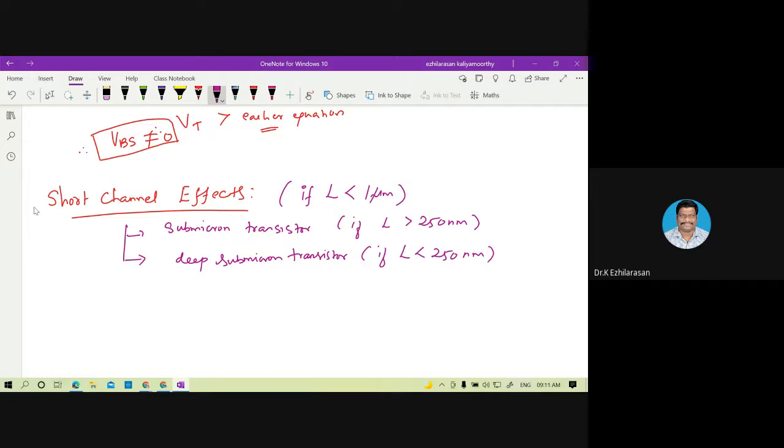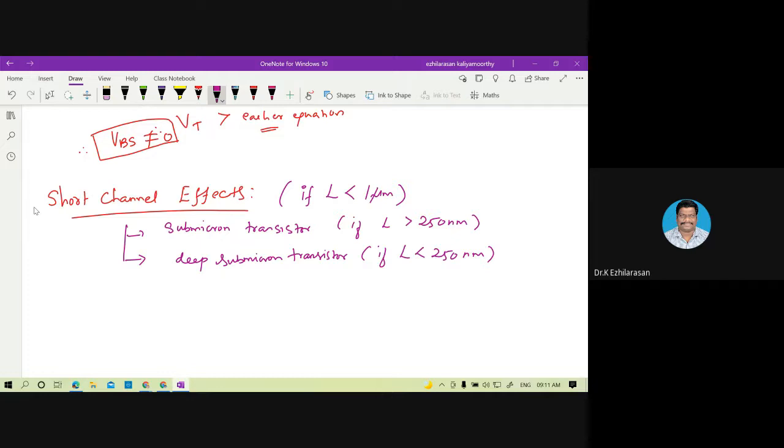Now here, for a given channel doping concentration, when the channel length is reduced, the depletion layer widths of the source and drain junctions become comparable to the channel length. So what will happen at that time? The potential distribution in the channel now depends on two things.